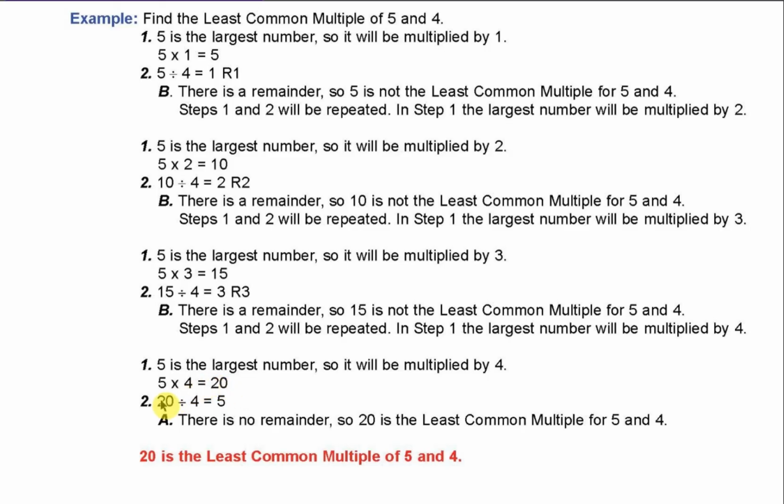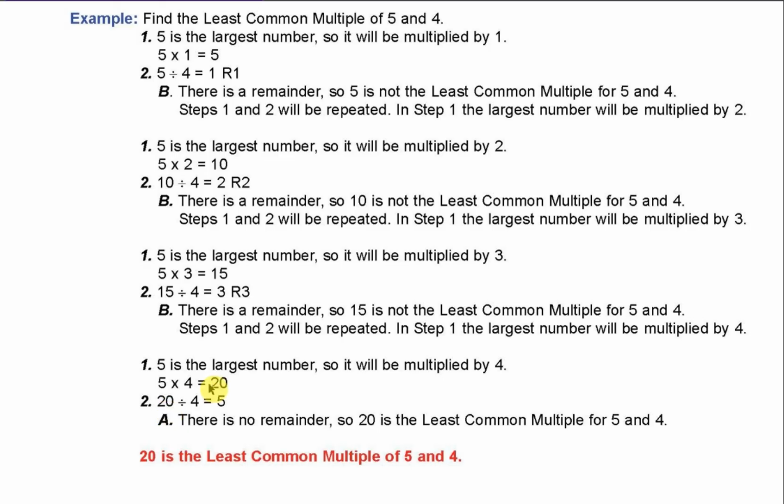Step 2, we're going to divide the result of the multiplication we did in step 1 by the smaller number. The smaller number of 5 and 4 is 4.